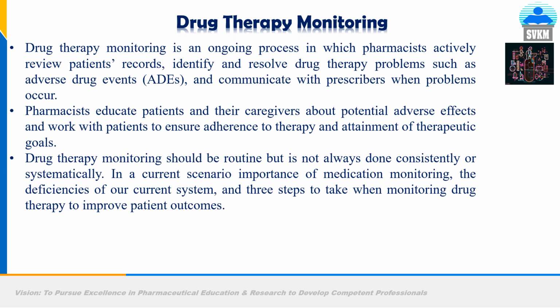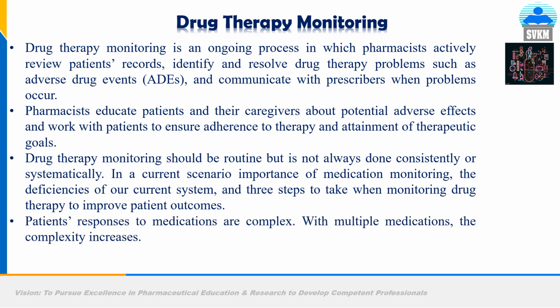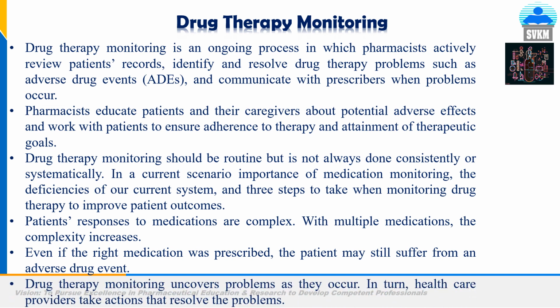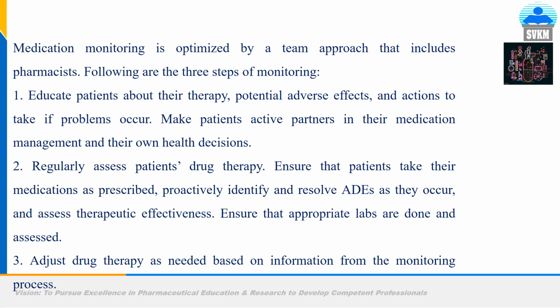They are also responsible for monitoring the routine data or routine condition of the patient. Patient responses to medications are very complex, so the complexity increases. In drug therapy monitoring, the pharmacist handles that particular section, which is a very complex kind of activity. So these are certain important functions performed by the pharmacist in monitoring.